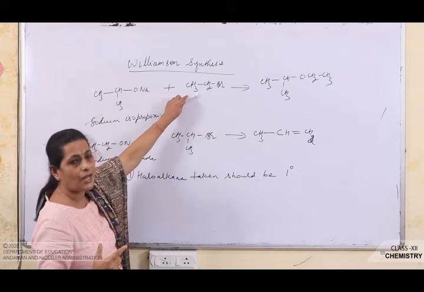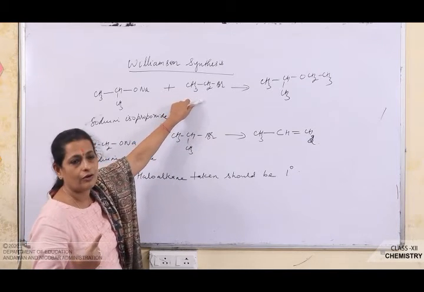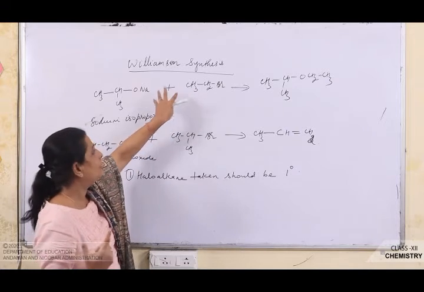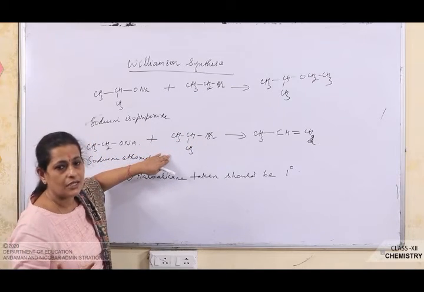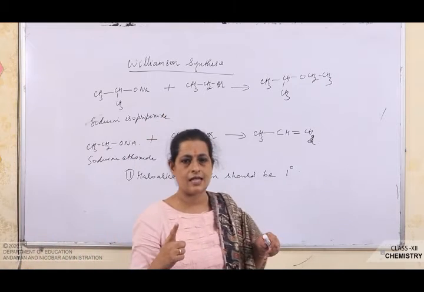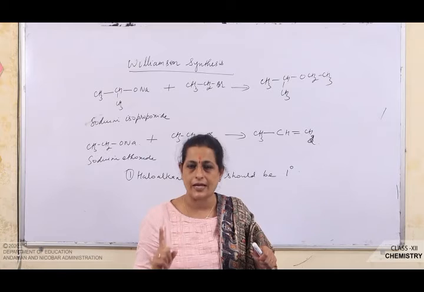Here you see it is primary. So, here the carbocations are not so stable, so they cannot easily lose a proton. So, they easily undergo substitution here, and in the other case the reaction is elimination. So, one of the limitations of Williamson synthesis is that the haloalkane which you take should be always primary.